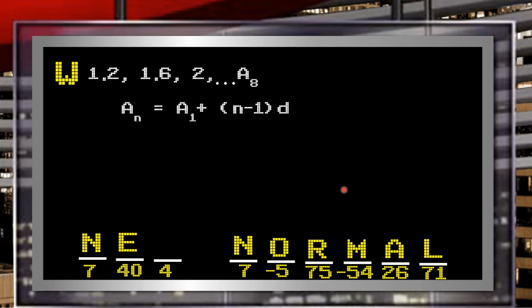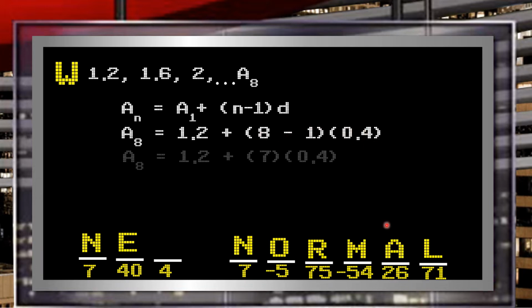Given with the formula and substituting for the values, we have the last term which is a sub 8 equals, ang first term natin ay 1.2 plus, ang n natin ay 8, dito makikita yon, minus 1 times the common difference, which is the second term minus the first term. So we have 1.6 minus 1.2 is 0.4.